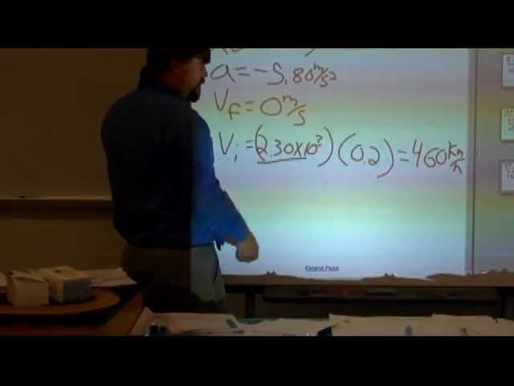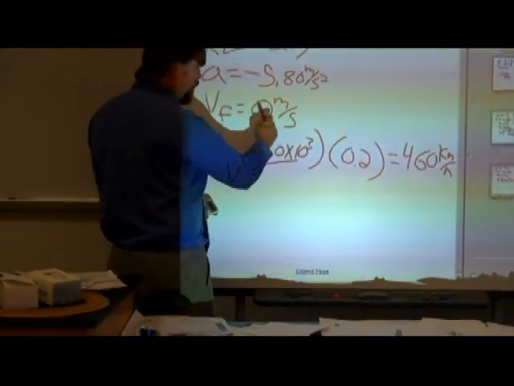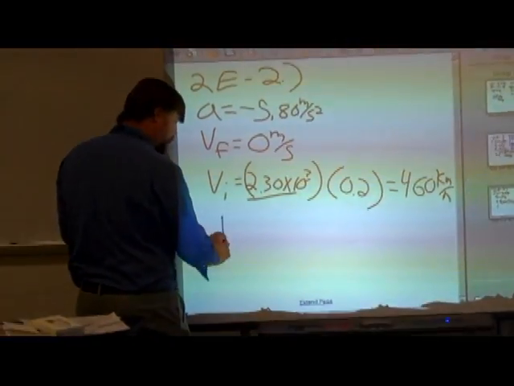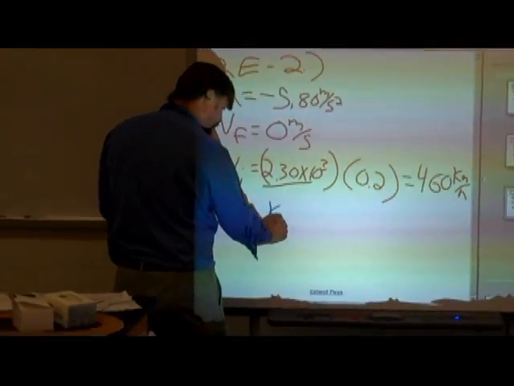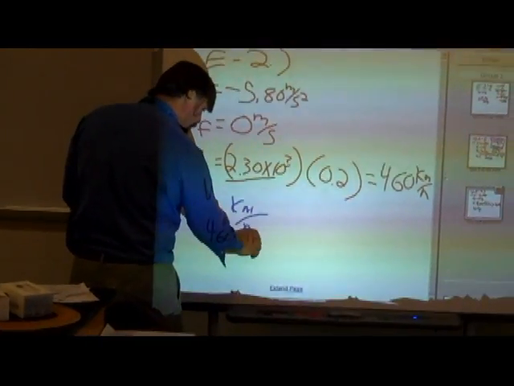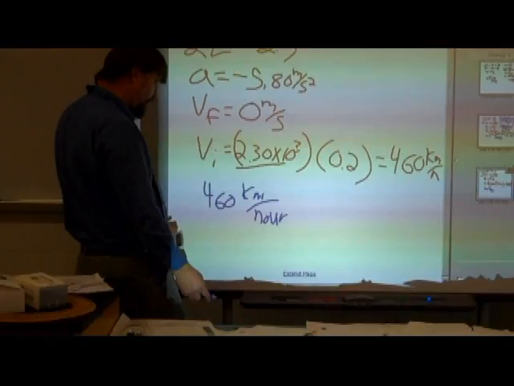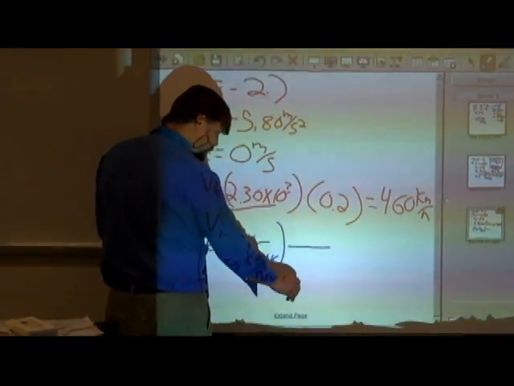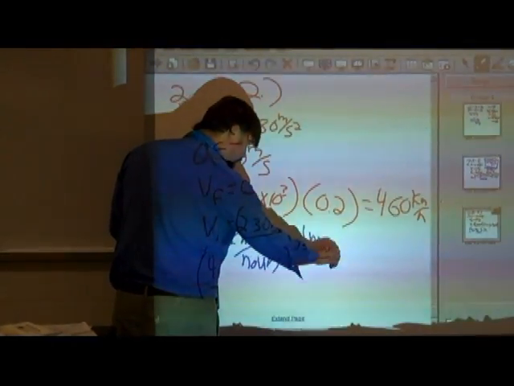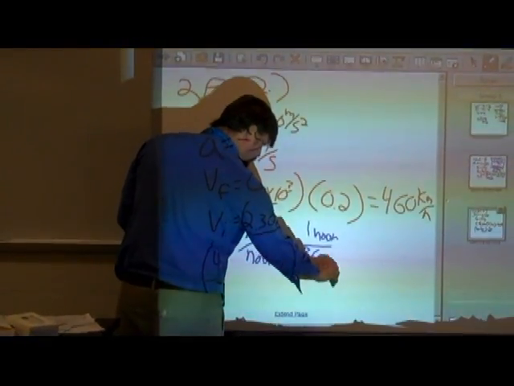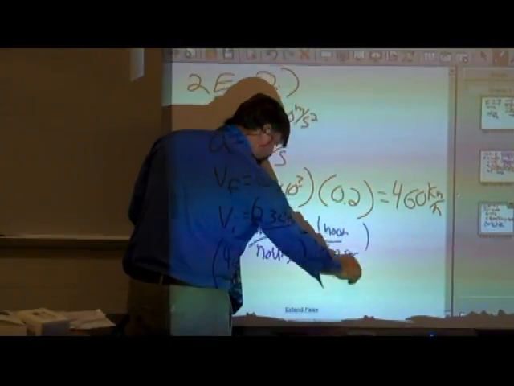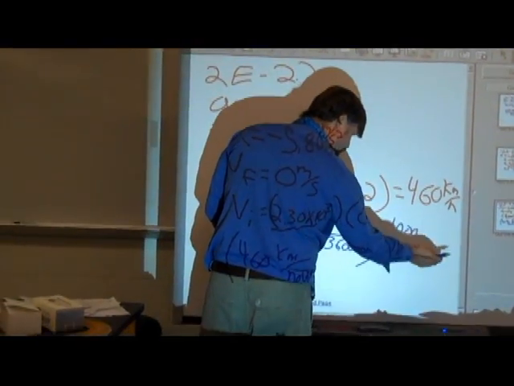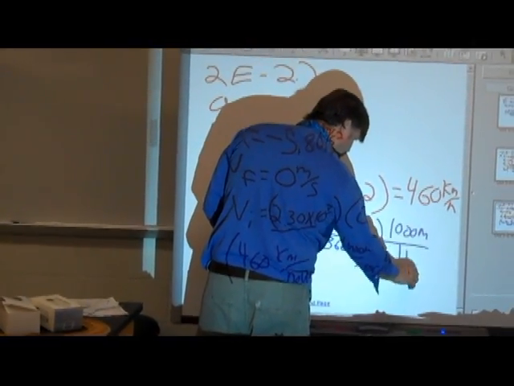Once again, in order to solve this problem, we have to change kilometers per hour to meters per second. So we use our conversion factors, 460 kilometers per hour, and 1 hour is 3,600 seconds. Our next conversion is that there are 1,000 meters in 1 kilometer.